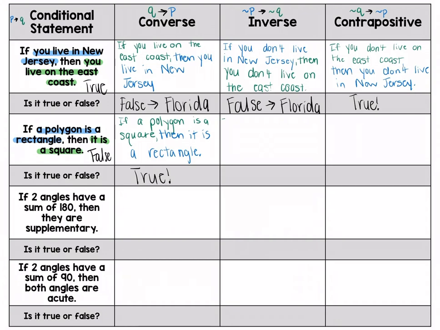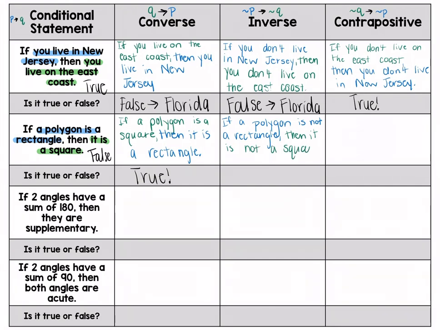Okay, so then not P, not Q. So if a polygon is not a rectangle, then it is not a square.